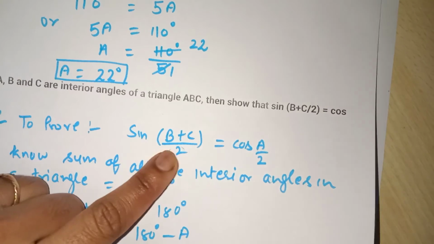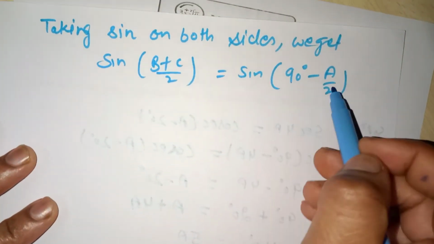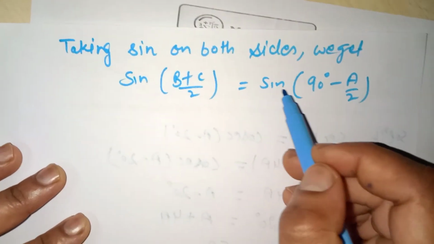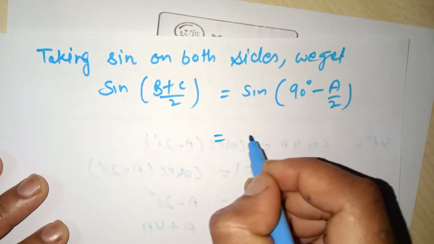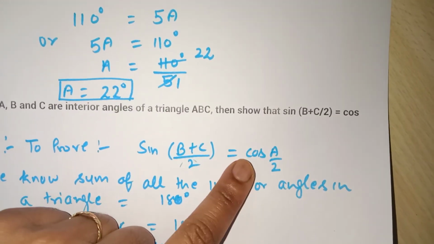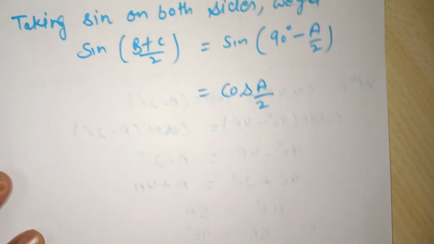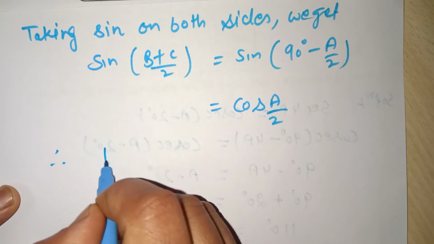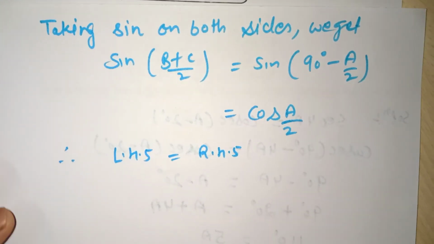You can see that we have reached our answer on the left hand side, sine of B plus C by 2. Now if we consider A by 2 as theta, then what is the value of sine of 90 degrees minus theta? Cos theta. So it is equal to cos A by 2. And this was the identity that we had to prove: sine of B plus C divided by 2 is equal to cos A by 2. Therefore left hand side is equal to right hand side.